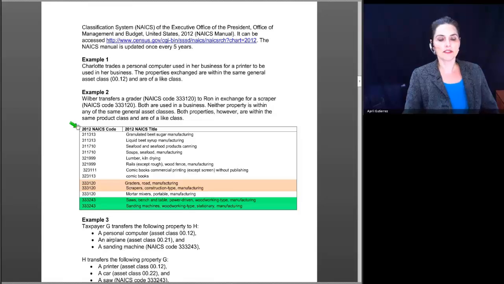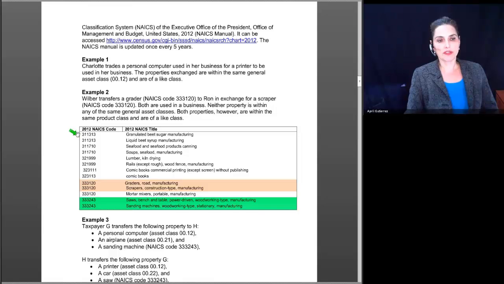So what I did is yesterday I went through and took a look at the 2012 NAICS codes. The last time I really looked at the NAICS code book, it was still showing 2007 codes, and they have totally changed all of the codes for 2012 and later years. But I went through and just pulled some out to show you how that particular system works. If you look in this table here, you can see codes.